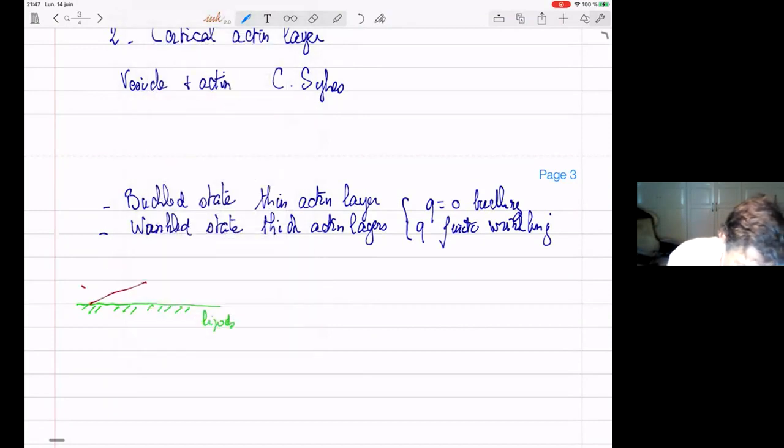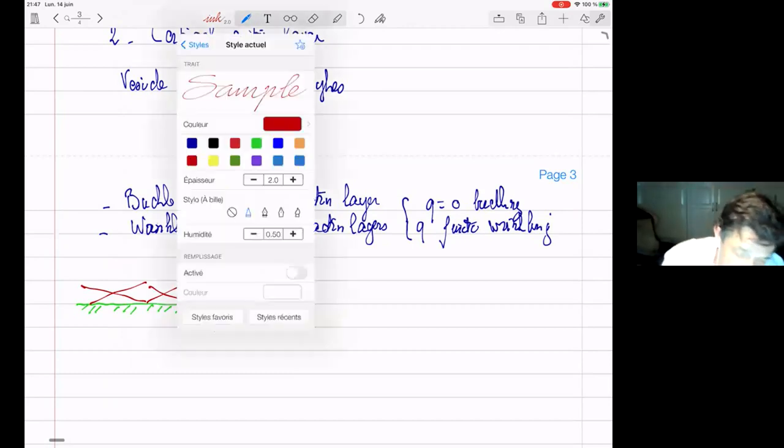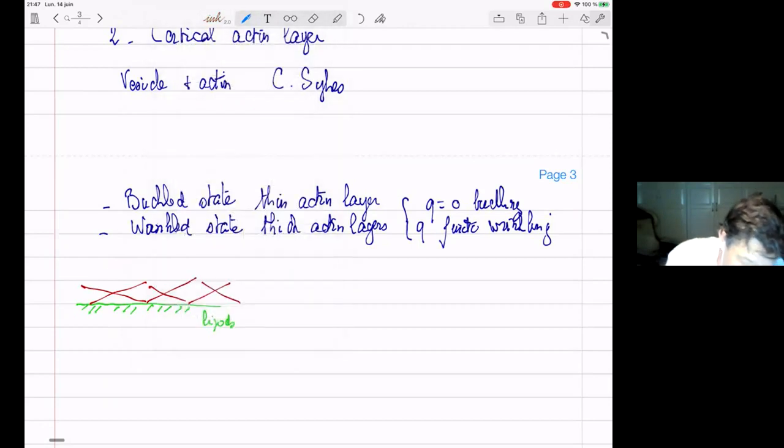So they are inclined like this. Now, if I want to be more precise, they grow and shrink. They grow from the surface, and they depolymerize all over the layer. So there's a finite length of this filament, and they are more or less parallel. And then there are molecular motors. And the molecular motors cross-link this actin filament and tend to contract the network.